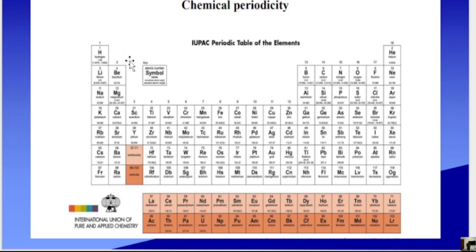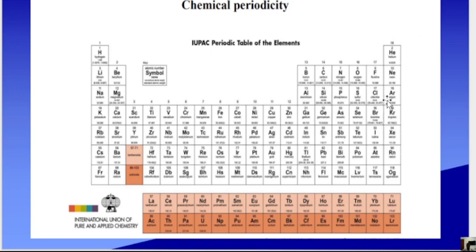If you're looking at shell configuration, neon has 10 electrons, and that's going to be 1, 2, 3, 4, 5, 6, 7, 8, 9, 10. So basically, as shells are added, the size of the atom and the radius of the atom increases. So the implication is that when we look at our periodic table, neon is supposed to have a higher atomic size than helium, and argon is supposed to have a higher atomic size than both neon and helium, because shells are increasing going down the group, and that is increasing the size, the radius.